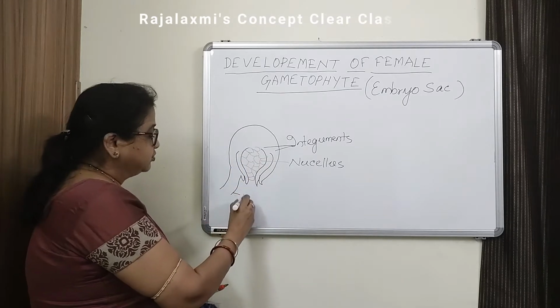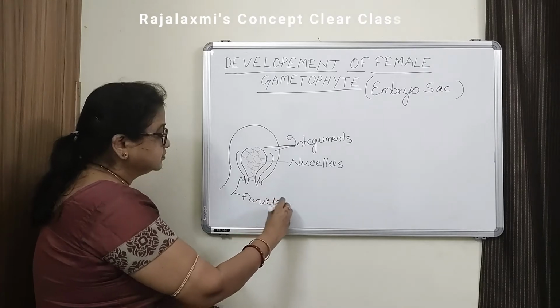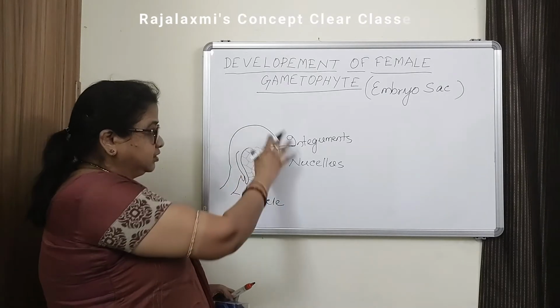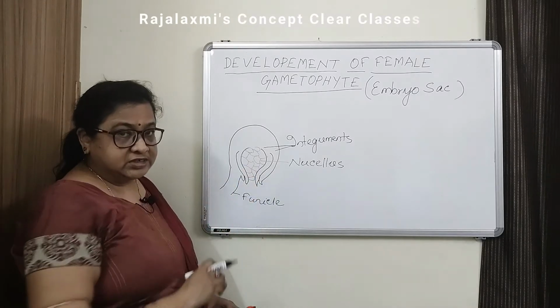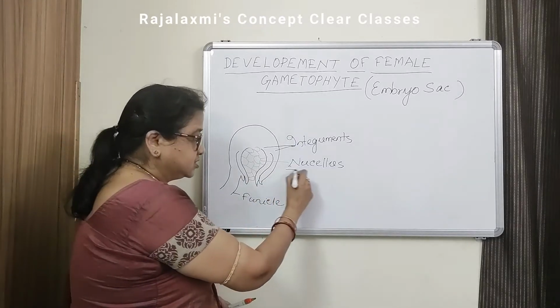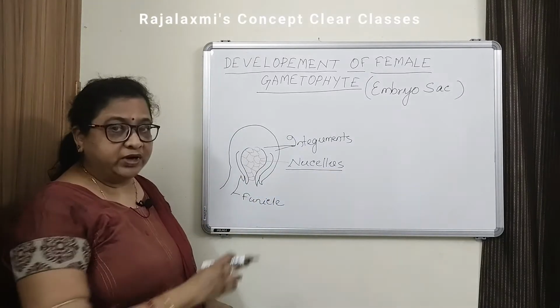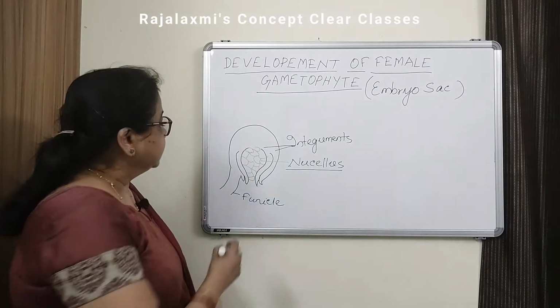This is the stalk or funicle, and the body of the ovule. The body of the ovule consists of a central mass of cells known as nucellus and a two layered covering known as integuments.